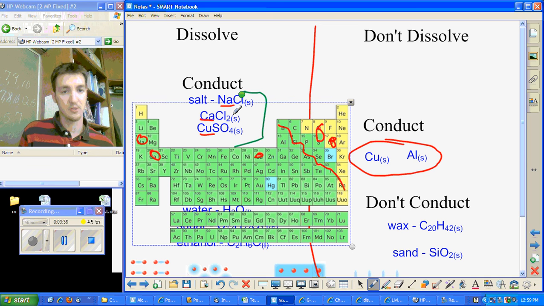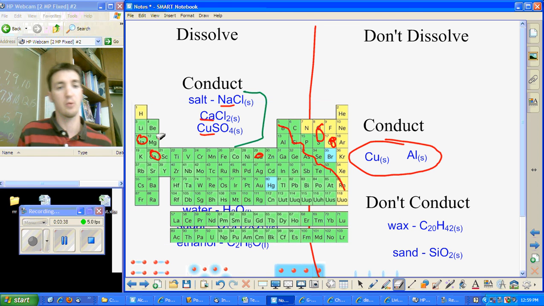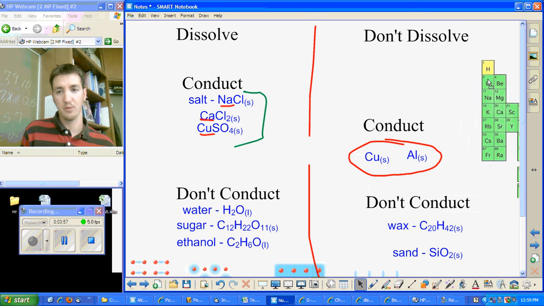And so these are the ones we just got done working with, the ionic bonds. So that's apparently the key to that type of quality. It will dissolve and conduct. That's what the ionic bonds do. It's a metal plus a non-metal. So it's one thing those guys have in common.